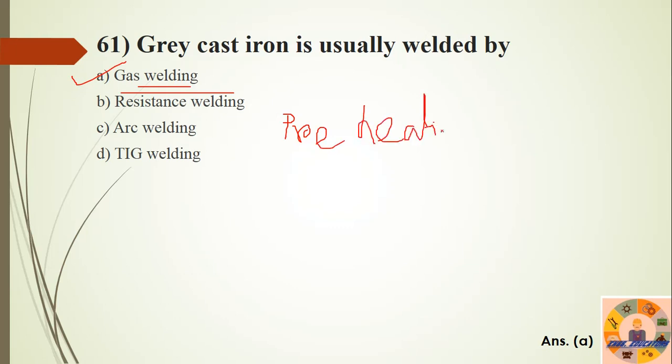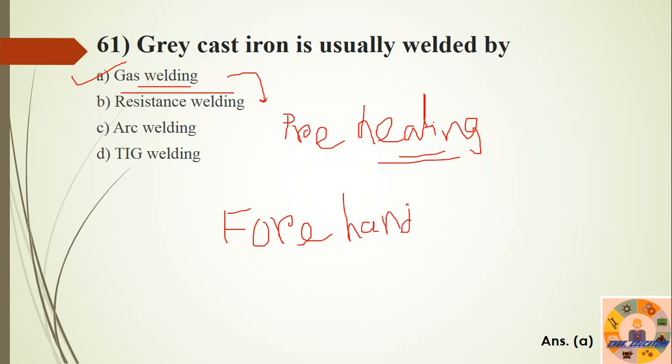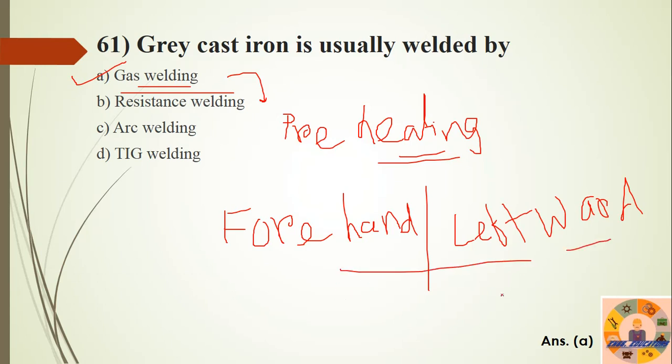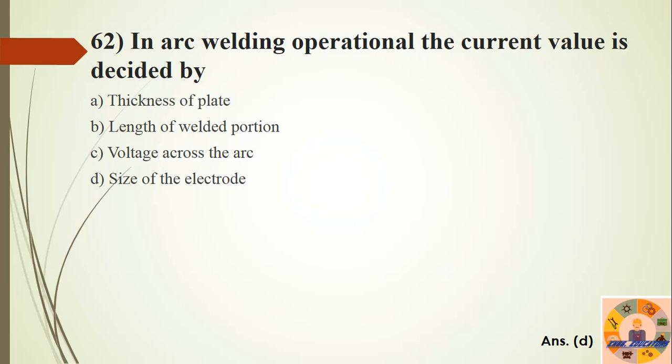For this reason we use gas welding, and we use the forehand or leftward welding. That means we start the welding from right, then we move forward to left. This is the direction of the welding. So the right answer for this question will be option A.